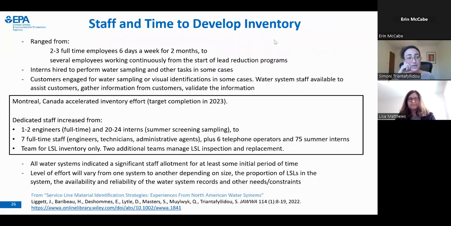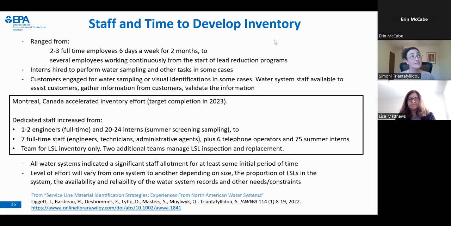And I did want to also point out from that article the amount of time and effort and staffing that was required for those systems to develop their inventories. Of course, they were all large systems, but the staff ranged from 2 to 3 full-time employees for a couple of months to several employees working continuously throughout that system's lead reduction program.